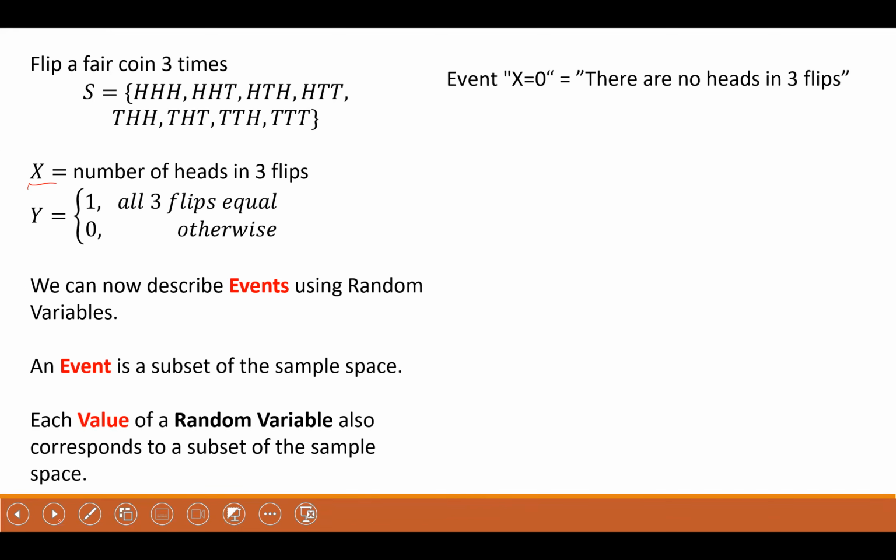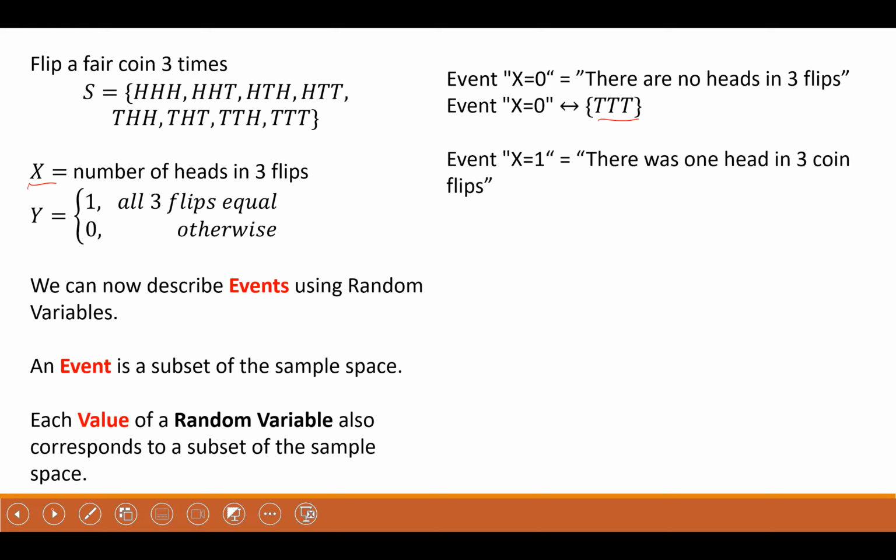So for example, I can describe the event my random variable X is equal to 0. And what is that? Well, that is basically all of the outcomes for which my function X gets the value 0. In this case, it is the outcome that I flip all 3 tails.